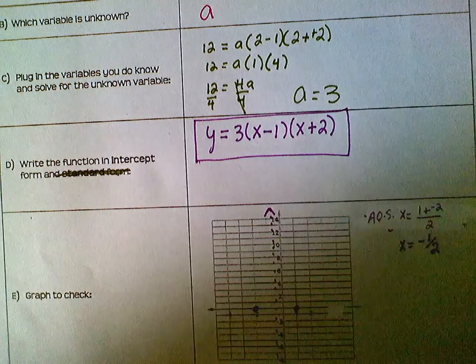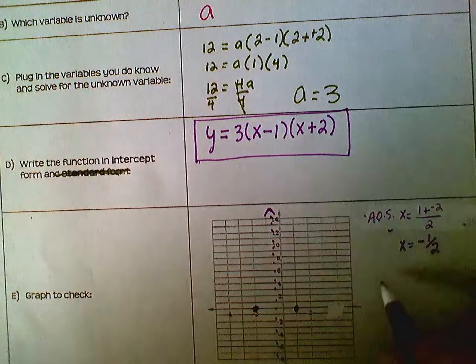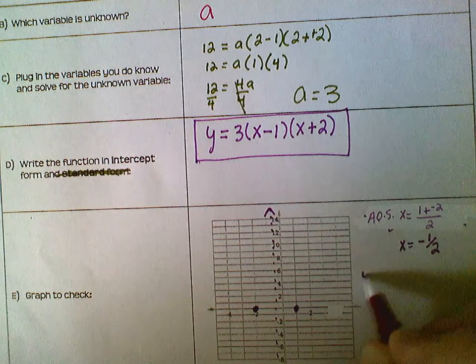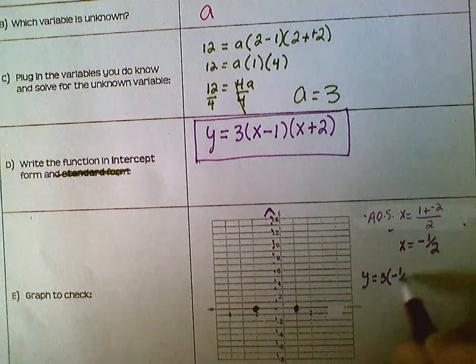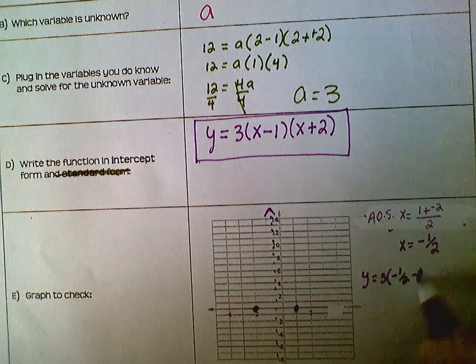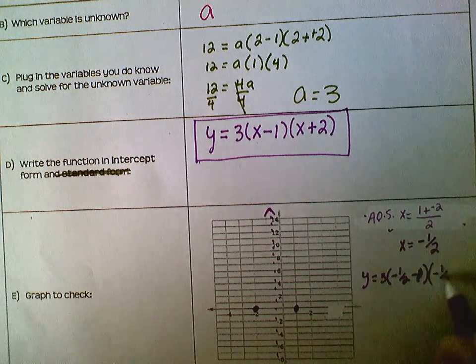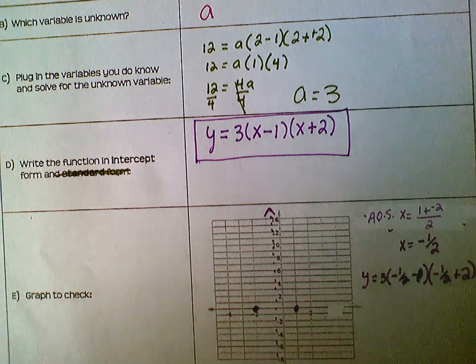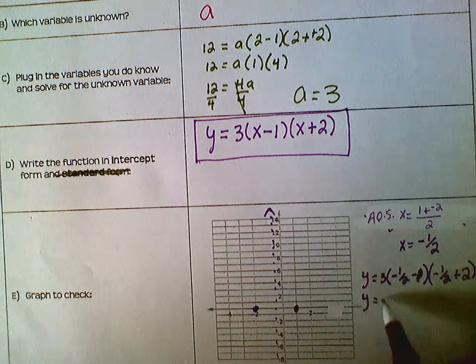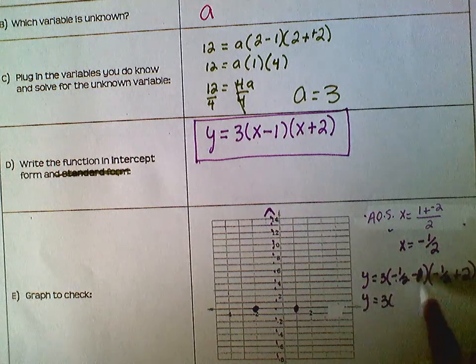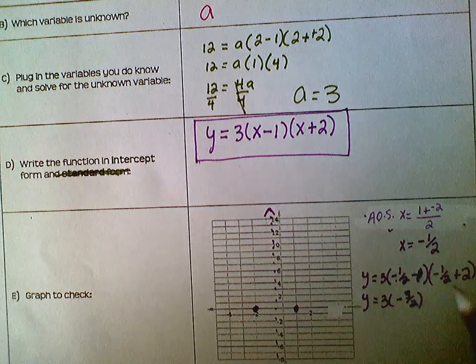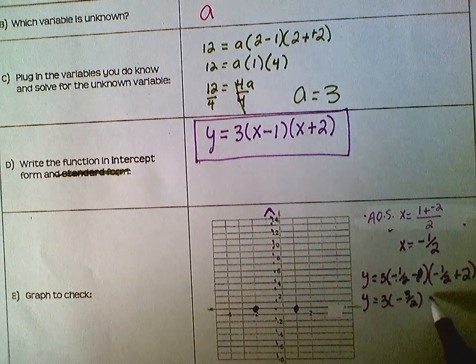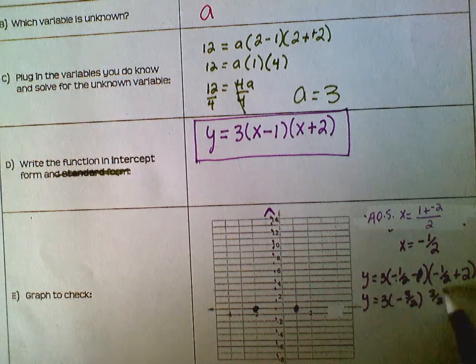And then I can substitute that. So y equals 3 times (negative 1/2 minus 1) times (negative 1/2 plus 2). Negative 1/2 minus 1 is negative 1 1/2, or negative 3/2. And negative 1/2 plus 2 is a positive 3/2.